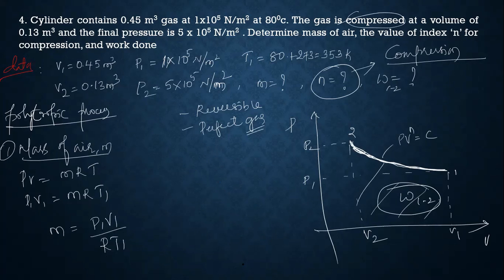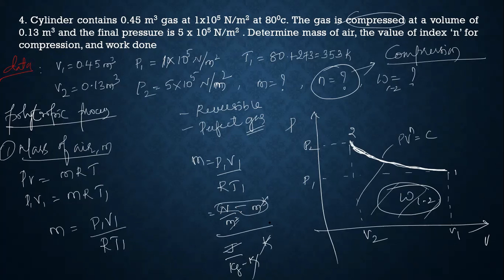Then R should be in joules per kg Kelvin. Kelvin cancels, and meter square times meter gives Newton meter, and this Newton meter and joules cancel, and kg will come up. The unit will be kg. Therefore, pressure you have to keep in Newton per meter square, volume in meter cube, and R in joules per kg Kelvin, and temperature in Kelvin.